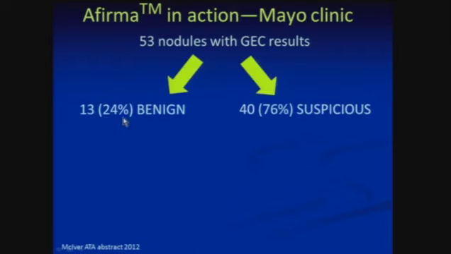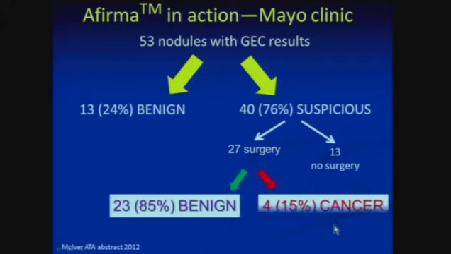They had 13 or 24% of their patients that had the gene classifier in the benign range, meaning that no abnormal genes were expressed, and these patients underwent watchful waiting. They had 40 patients, or nearly 3/4 of their population, that had the suspicious result. 13 had no surgery, 20% went on to have surgery, and the vast majority of them proved to have benign nodules.